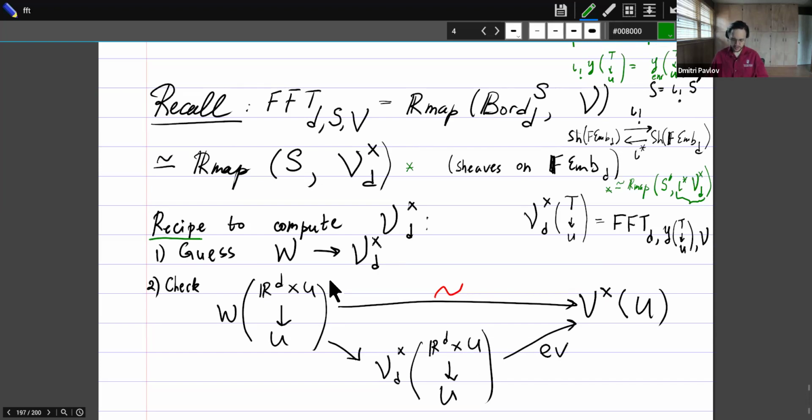And the trick amounts to the following. To show it's a weak equivalence, let's evaluate on some object on FemD. And here I implicitly restricted to objects that are projection maps for a product of U and RD.